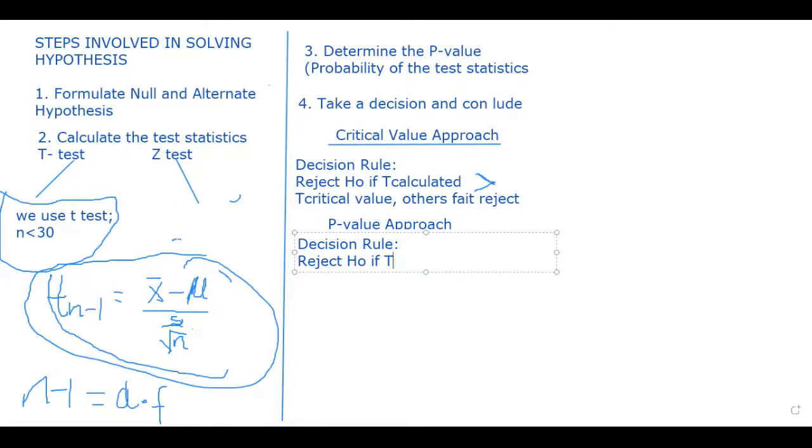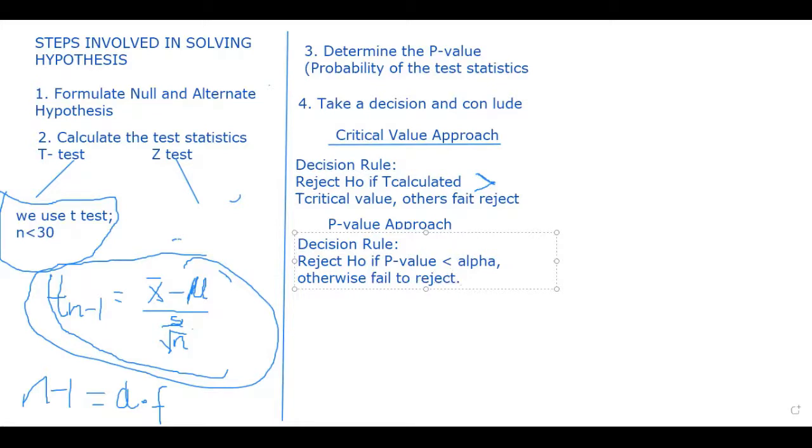Sorry for that. So for this p-value approach, the decision rule is saying reject H0 if the p-value, that's the probability of the test statistic, is less than alpha. Otherwise, fail to reject.